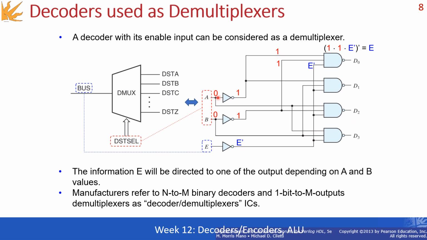If you try different combinations like 0, 1, 1, 0, and 1, 1, you'll see that each time one of these gates is enabled. Lastly, manufacturers refer to n-to-m binary decoders like this one over here, and 1 bit to M outputs demultiplexers as decoder/demultiplexers integrated circuits. The reason is obvious, because they're equivalent.